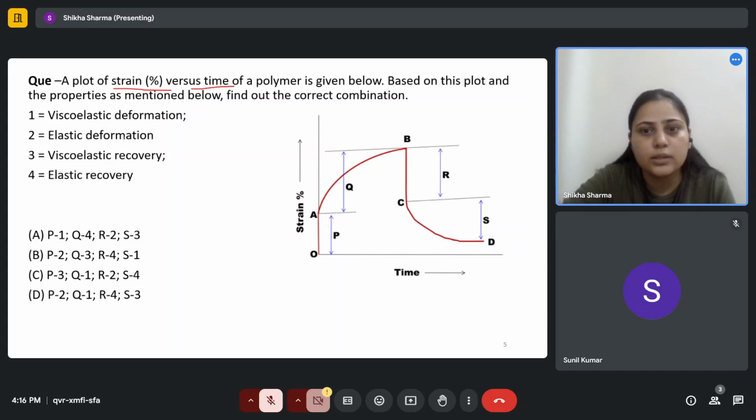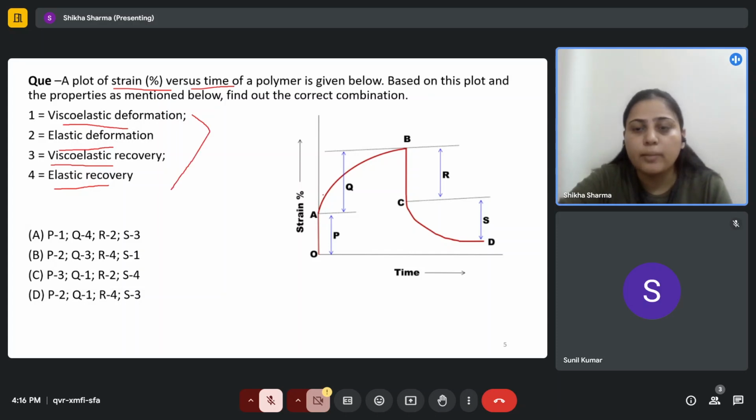First is viscoelastic deformation. Second is elastic deformation. Third, viscoelastic recovery. Fourth, elastic recovery. We need to match all these four with the different parts of the strain percent versus time curve: P here, Q here, R here and S here.